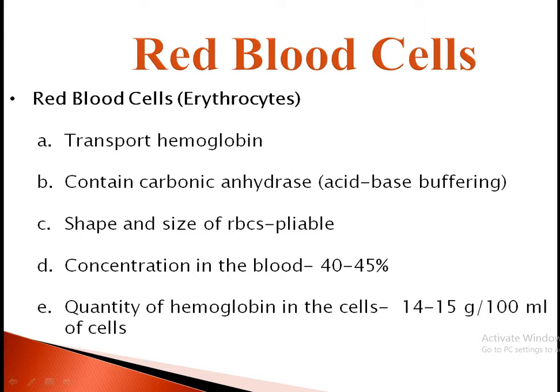The viva question is: at which places is carbonic anhydrase present in our body? So one of them is the RBC, others are the GIT, kidney, brain. So these are some of the specific places, and also the lungs.